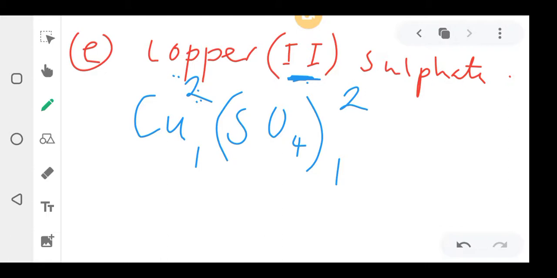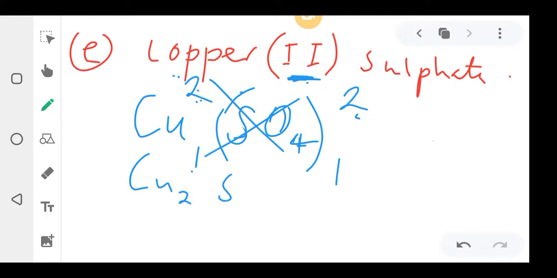Sulphate is a radical, written SO4. Then you cross multiply. So this 2 here times 1 here, it is copper 2, SO4 in brackets. 2 times this 1 here, it's 2 outside the brackets.